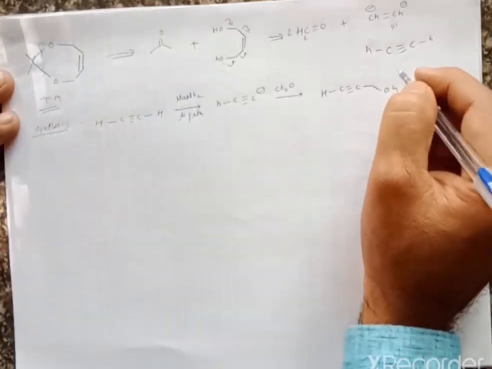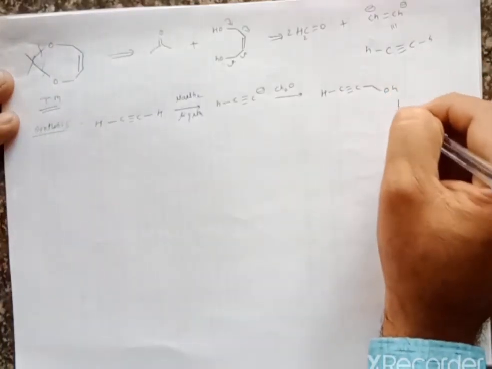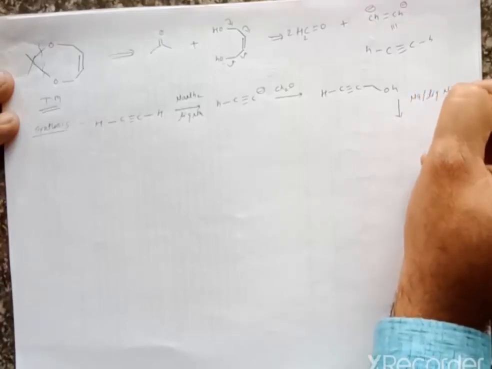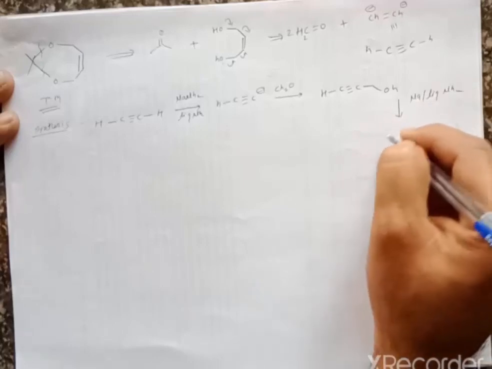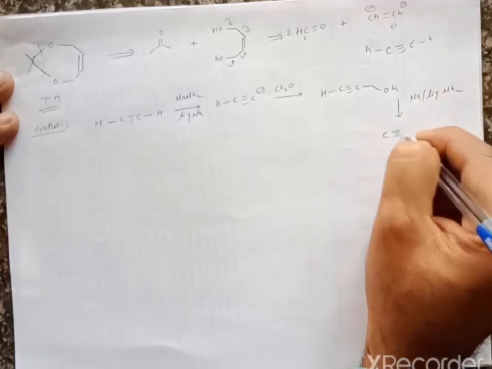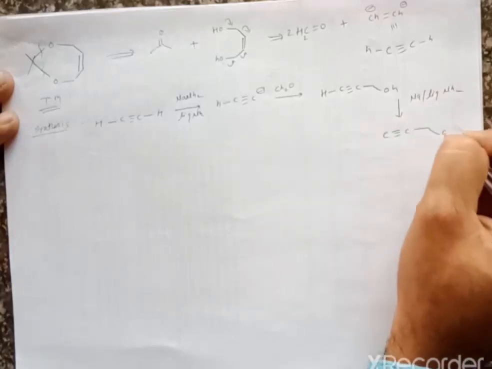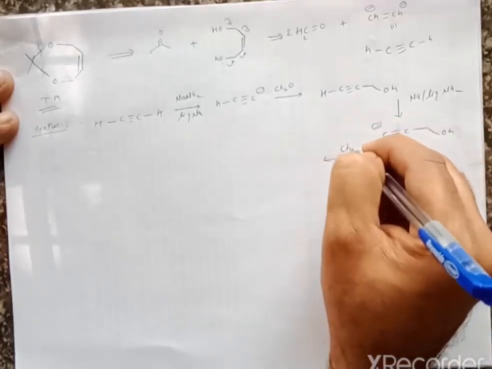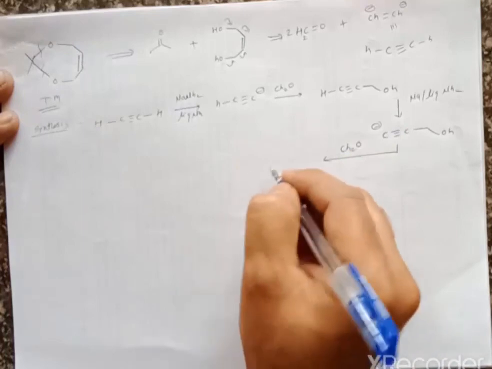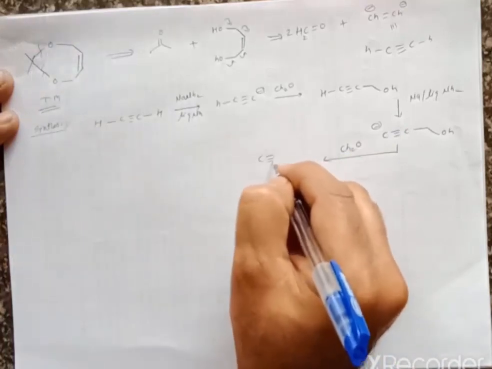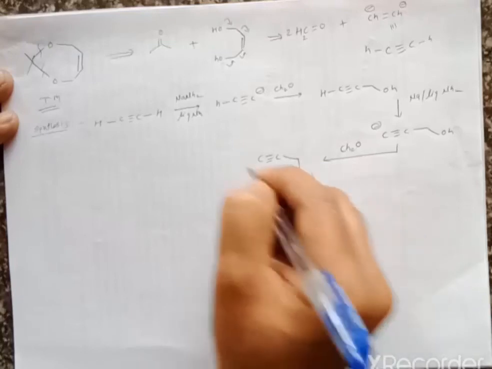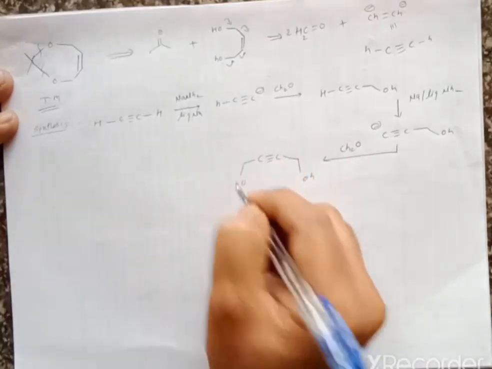Then again, if we treat this molecule with sodium in presence of liquid ammonia, it gives formation of C triple bond C CH2OH with a minus, and if we treat this molecule again with formaldehyde, it gives formation of C triple bond C CH2OH on both sides, right?